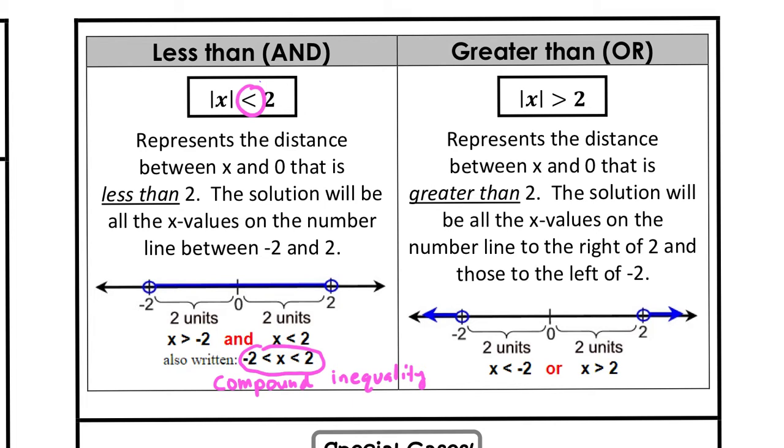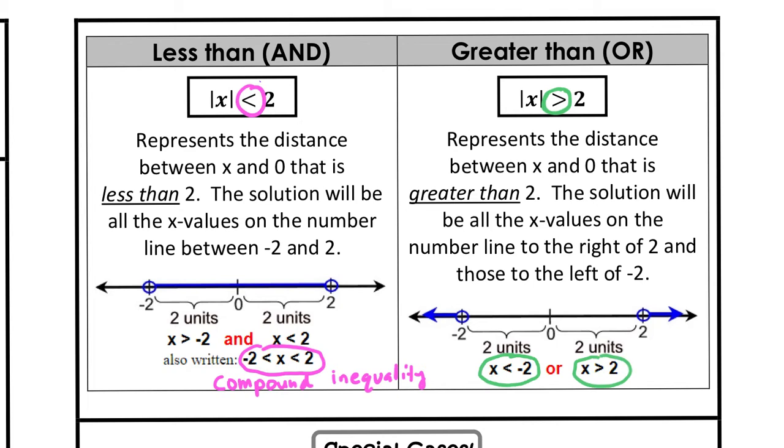The other situation is if I have a greater than symbol. If I have a greater than symbol, then I'm looking at everything greater than 2, but also less than negative 2. So I'm looking at everything greater than 2 and less than negative 2. So that causes this big gap here. But what's going to happen in our solving methods is we're going to have to solve two problems separately.